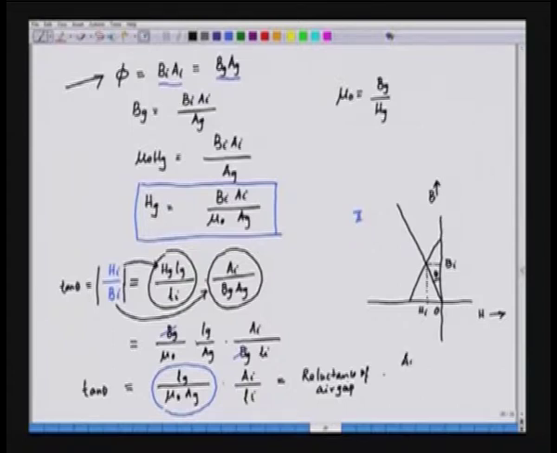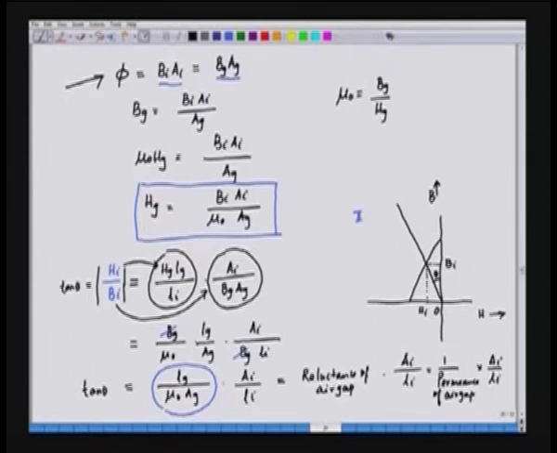So, this is the reluctance of the air gap into Ai by Li, and that is also equal to 1 by permeance of the air gap into Ai by Li.